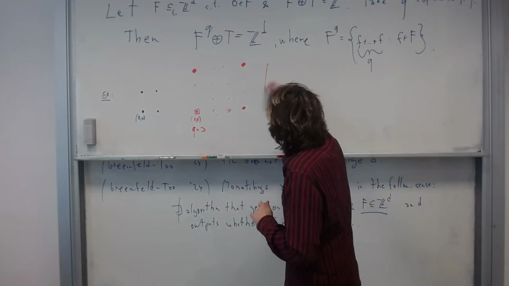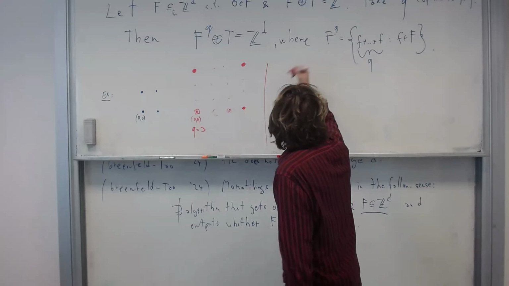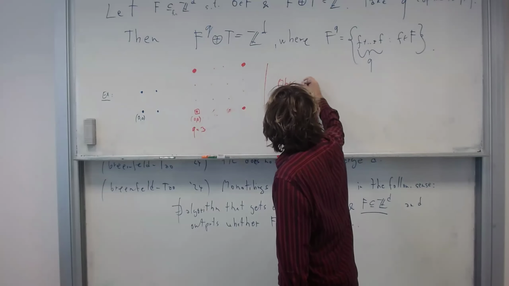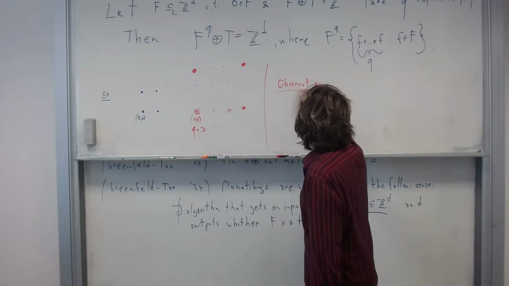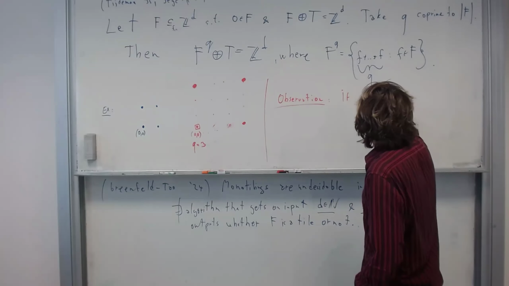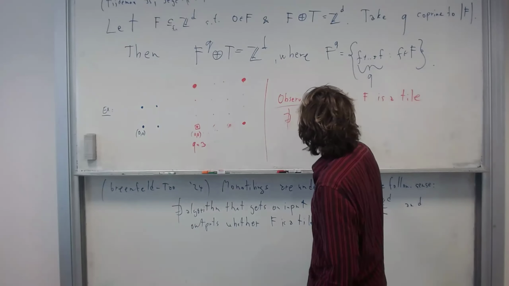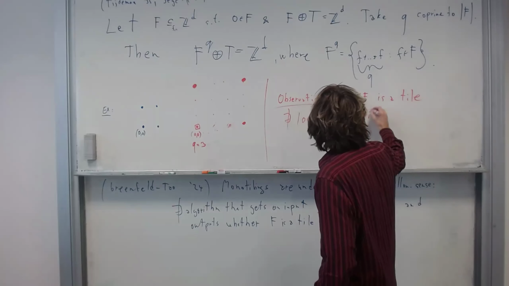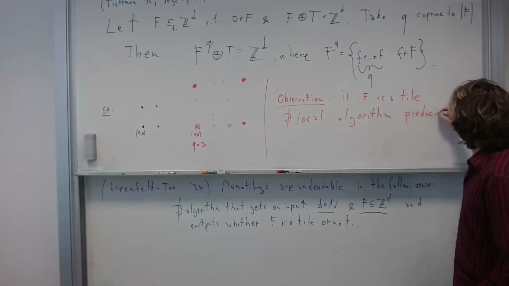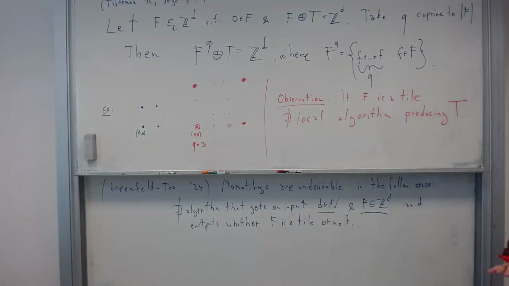So this is the result, and maybe the first application, the first observation would be that if F is a tile, then there does not exist any local algorithm producing T. Because a local algorithm has this property that it's local.